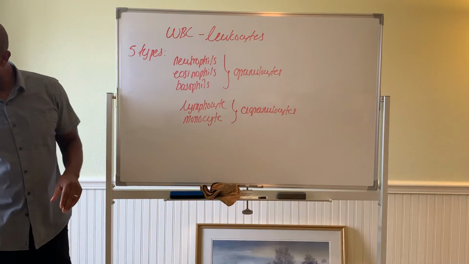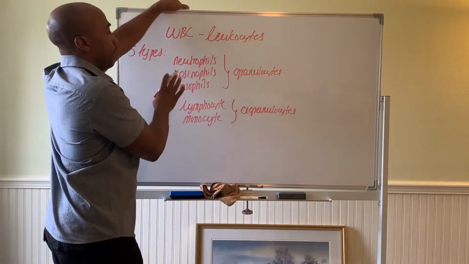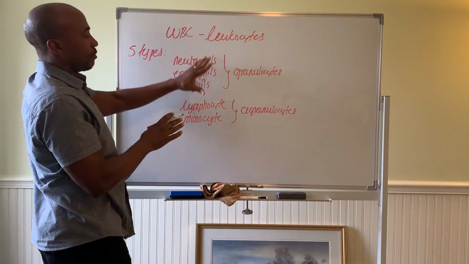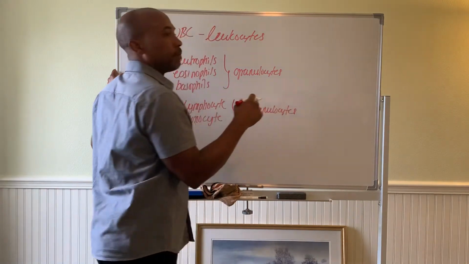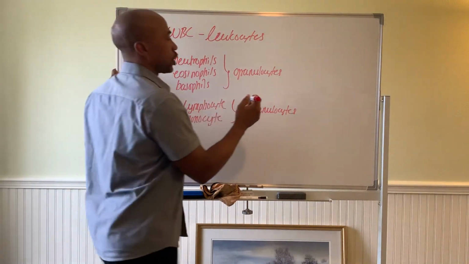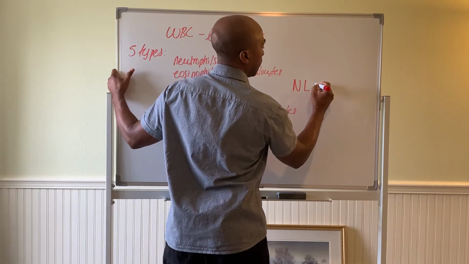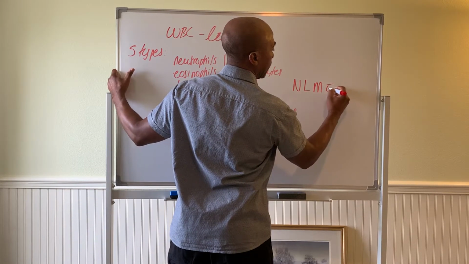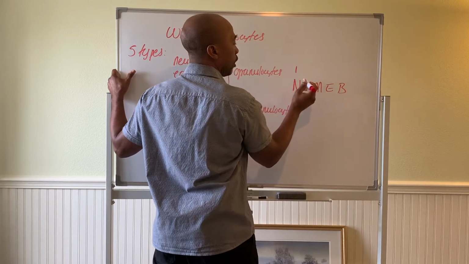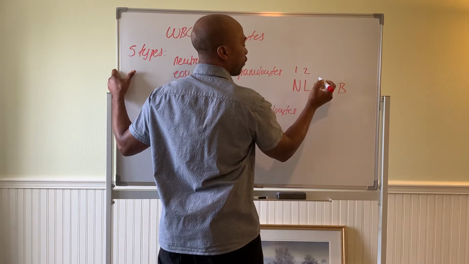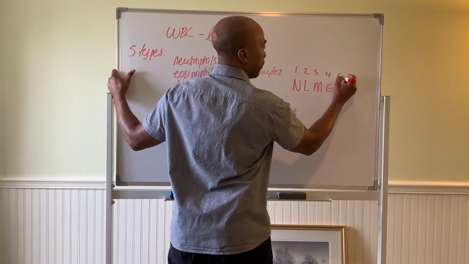While we're here, we can further make a general statement about these 5 leukocytes by ranking them in terms of the most common to least common. So we use this thing, N, L, M, E, B. The most common are your neutrophils, followed by lymphocytes, followed by monocytes, followed by eosinophils, then by basophils.